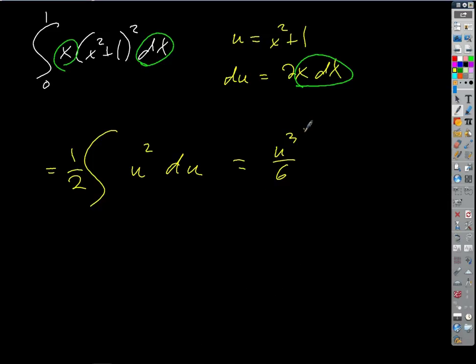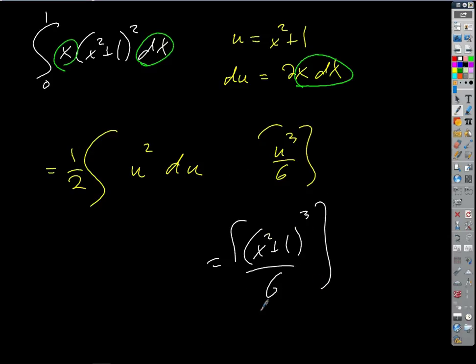So if I reverse my substitution, what would I get then? If I reverse the substitution, u becomes x squared plus 1. So I'd get the quantity x squared plus 1 cubed over 6 from where to where? 0 to 1, right? Okay, but did I have to do that? I didn't have to ever reverse my substitution.